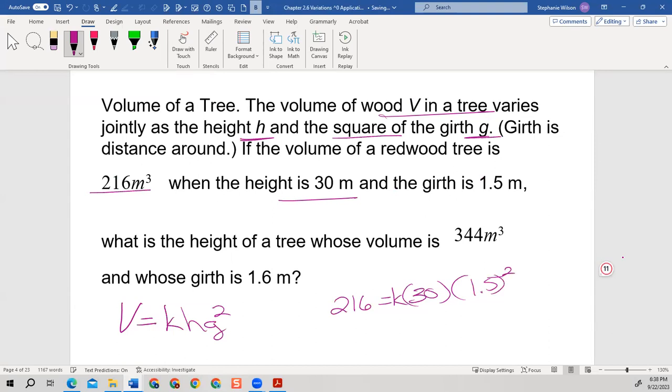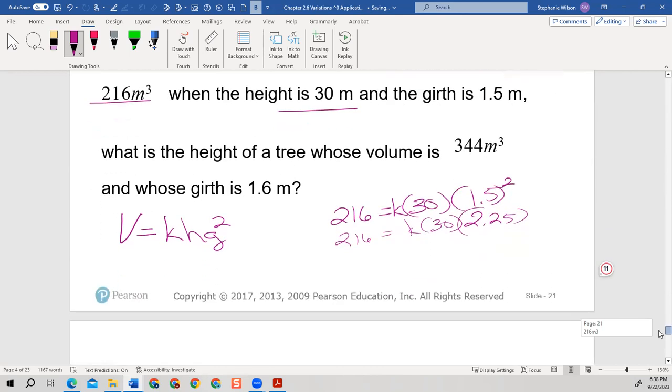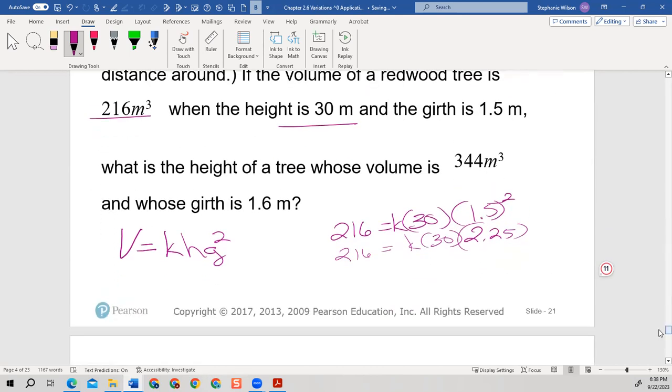So let's clean this up right quick. Let's go ahead and square the 1.5, which gives me 2.25. And you may want to do it all in one step. It's all right if you did. All right, so now I got that times 30. So that gives me 67.5 k is equal to 216.